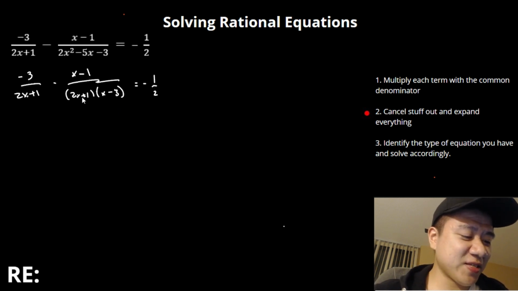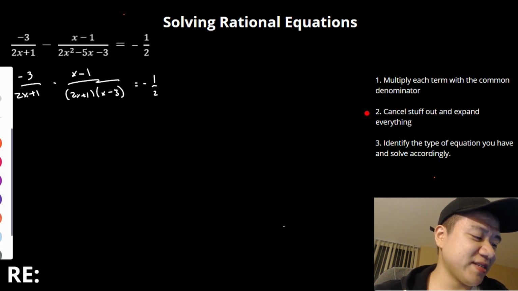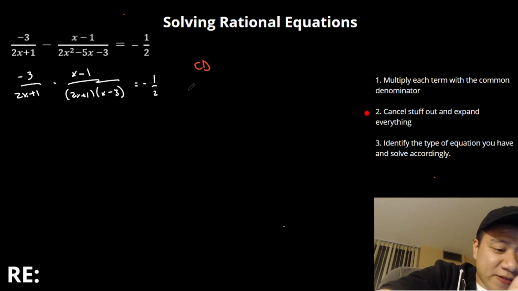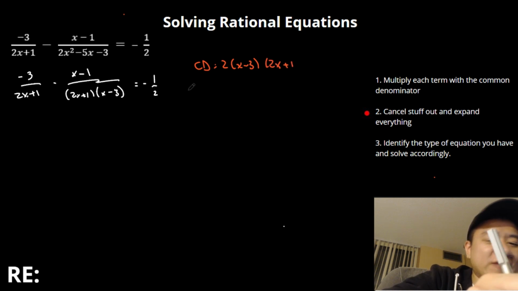But in this case, since something is repeated, we don't need to include one of them. We can take out all the repeats. So our common denominator is going to be 2 times x minus 3 and 2x plus 1. We don't need the second one.